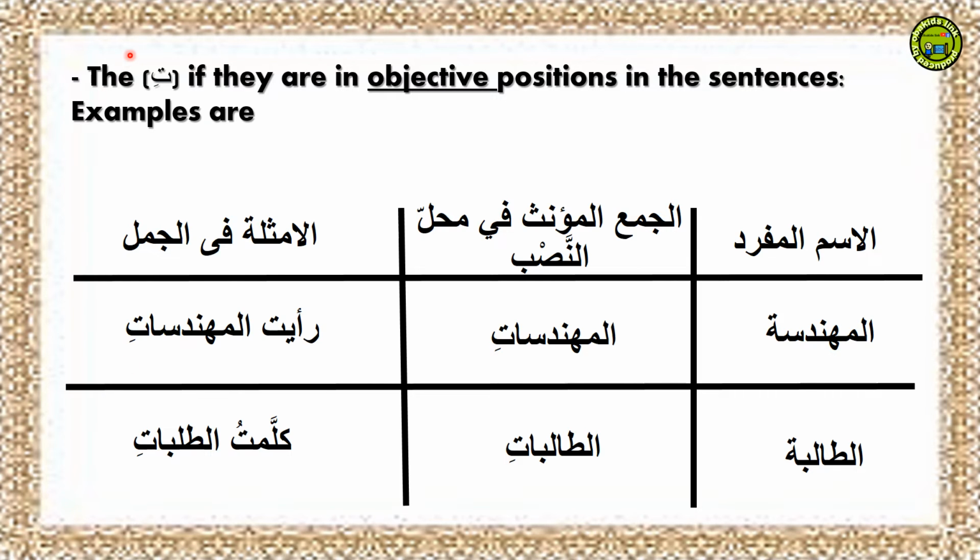Here we have the ta takes fatha if they are in objective positions in the sentences. اسم المفرد singular noun, الجمع المؤنث في محل النصب, feminine plural in the position of fatha. الأمثلة في الجملة, the examples in sentences. المهندسة, the female engineer. المهندسات, the female engineers. رأيت المهندسات, I saw the female engineers. الطالبة, the female student. الطالبات, the female students. كلمت الطالبات, I talked to the female students.